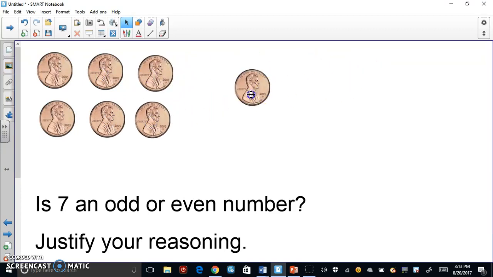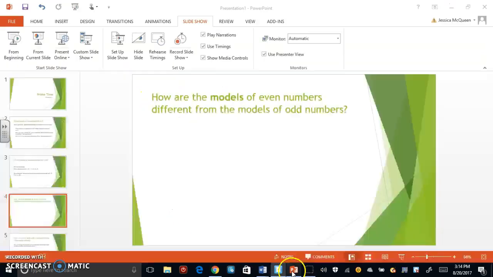As we notice, we have an array with the 6, but we have this extra penny right over here, and it's kind of hanging out by itself. It doesn't have a partner. So in that case, we know that 7 is an odd number, and I justified my reasoning by using a model. So let's go back to our questions.